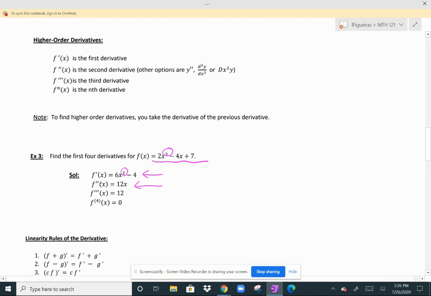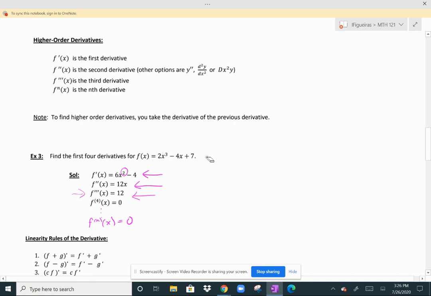When I take the derivative of the linear function to get the third derivative, I get a constant. And then the derivative of the constant is 0. So anything beyond 4 in this example would still be 0. You'll learn soon that the derivative of 0 is just 0.